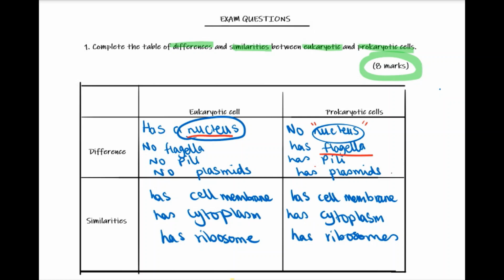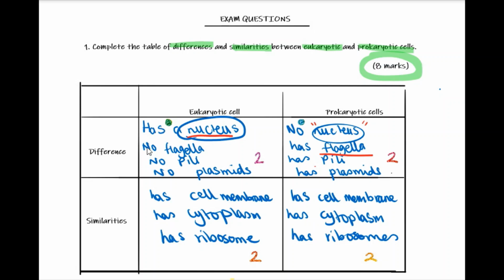Let's have a look at how these 8 marks are allocated. We can have 2 marks here, 2 marks here, 2 here, and 2 here. To start off with, in the first section with the differences here, it's very important to mention about the nucleus. So this is a key point to mention.